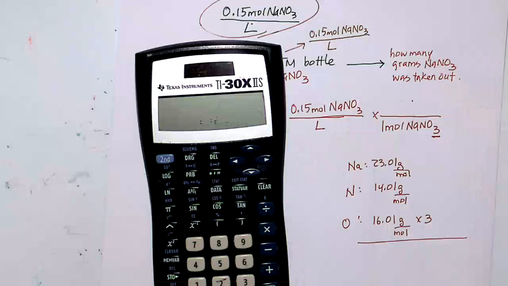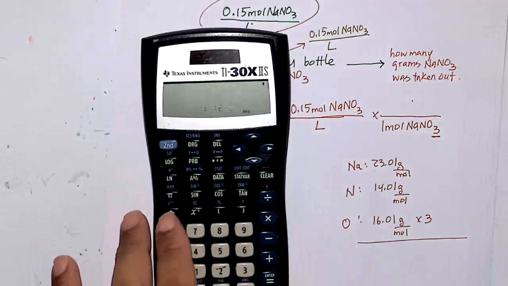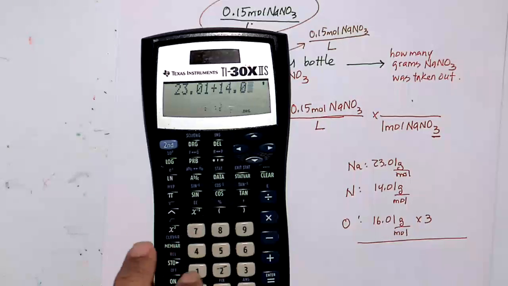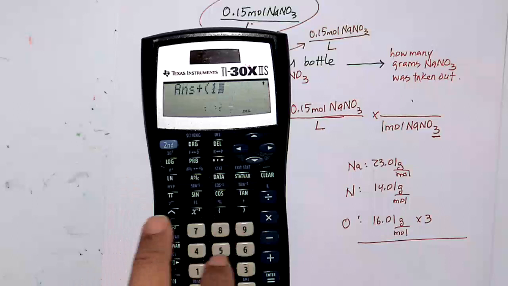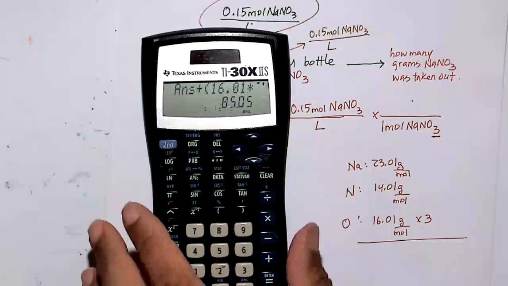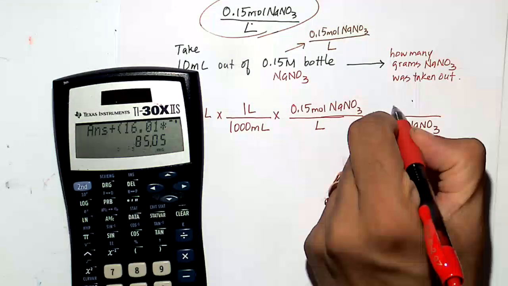So just add those bottom numbers up to get the molecular weight. 1 mole is that many grams. 85.05. So 1 mole of NaNO3 has how many grams?